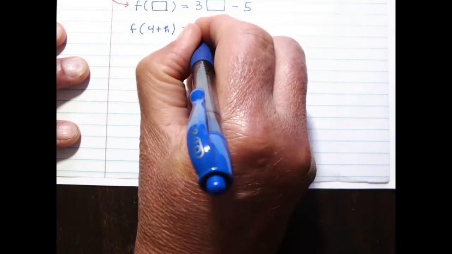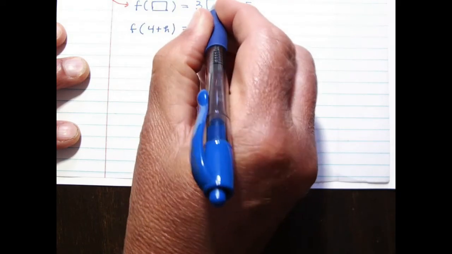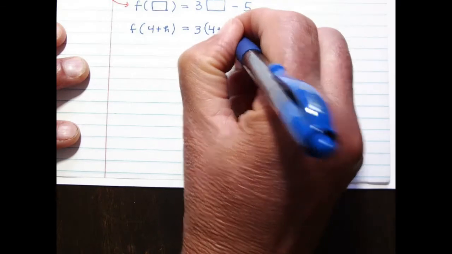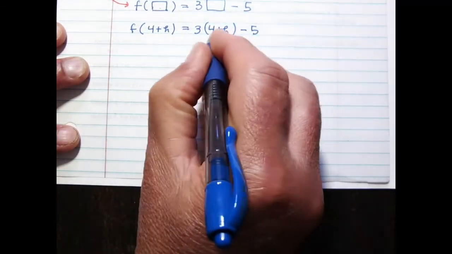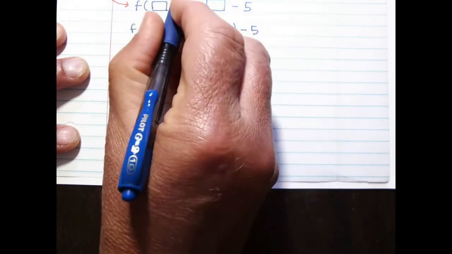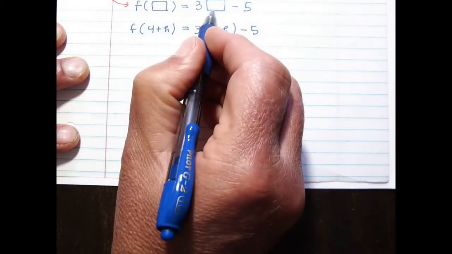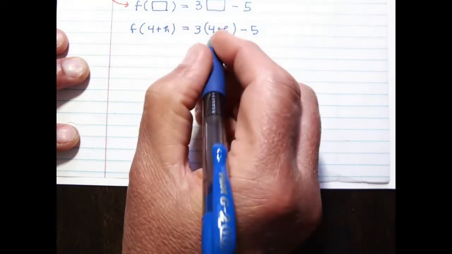So we take 3 times whatever is written here, gets recopied over here. That's 4 plus h minus 5. So the entire expression 4 plus h gets put into that x position. I just think it's a little easier to see with a box than with just writing x's. You don't have to write the box.